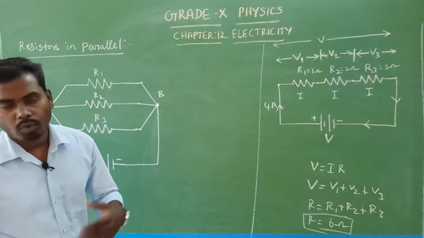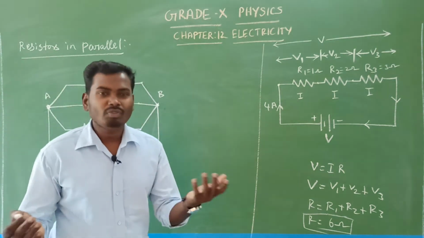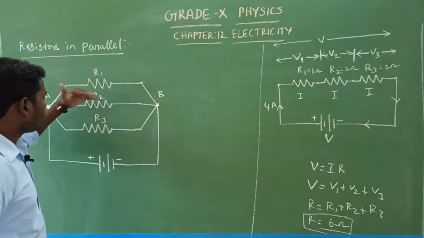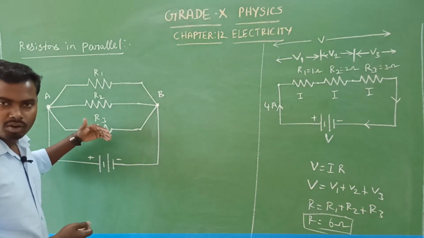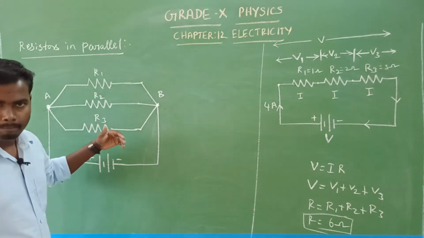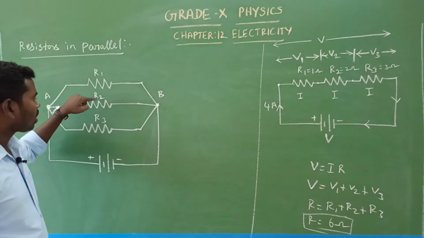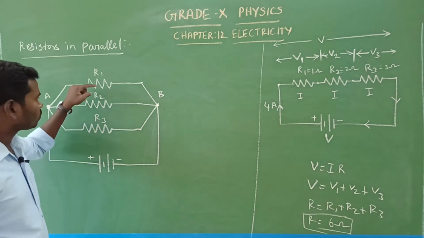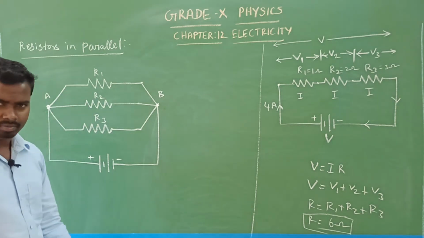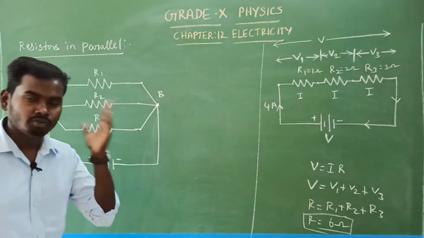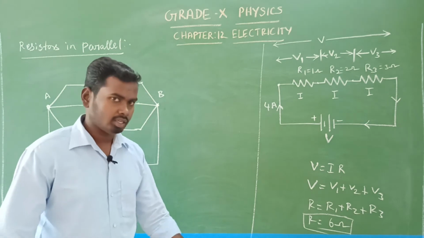Or otherwise we can say, when the resistors are connected one below one, then the combination is said to be in parallel. Is it clear? Yes, look at here. This R1 is parallel to R2, R3 is parallel to R1, R2. So each resistor is parallel to each other. So this combination is said to be in parallel. So never ever forget this concept. Okay, students?